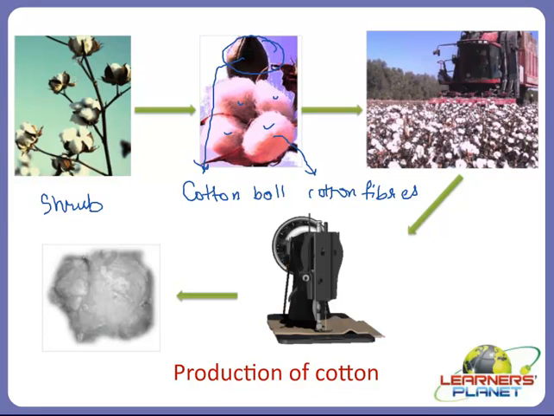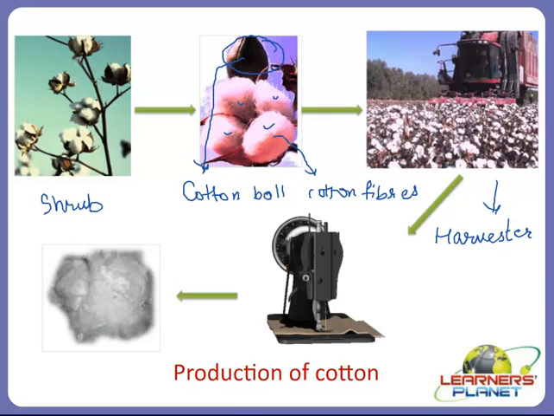And after the fibers have dried, the crop is harvested by this machine known as the cotton fiber harvester. So what is this? It is a harvester. It is a machine from which the crop is harvested. And when are these crops harvested?